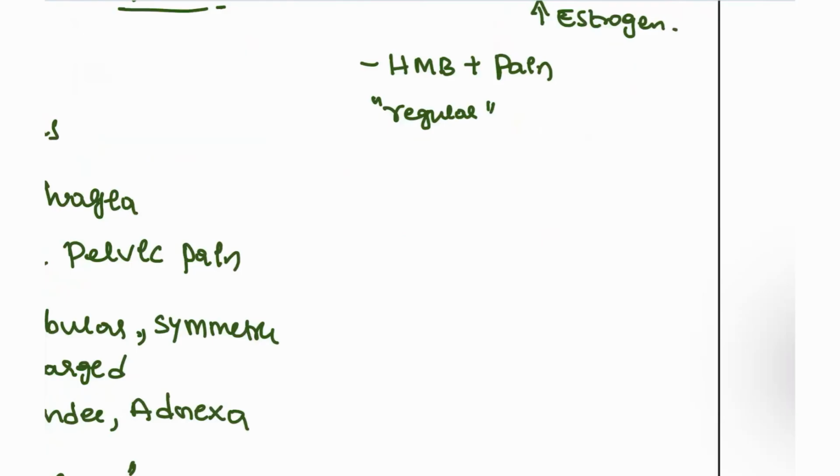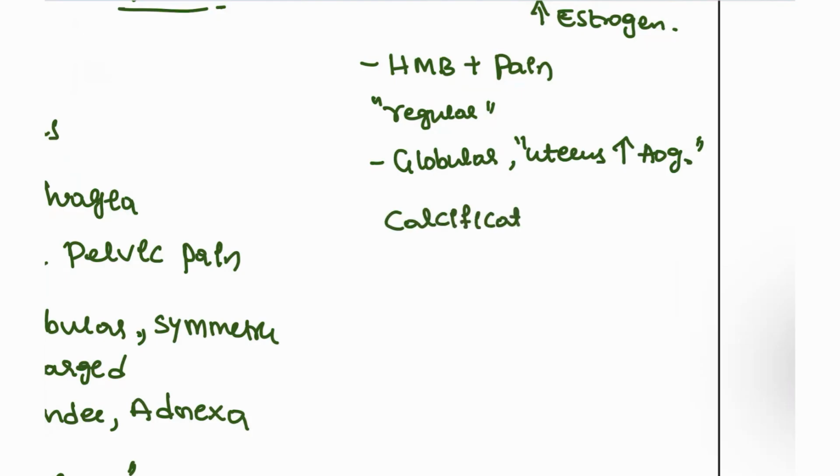Next, grossly, if you see this patient, you are going to see a globular uterus. It can even look like an age of gestation, a uterus that can be seen on abdominal examination for this patient. Next, they are associated with calcifications.